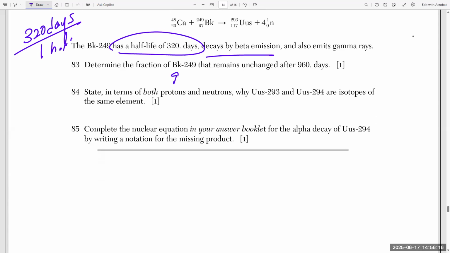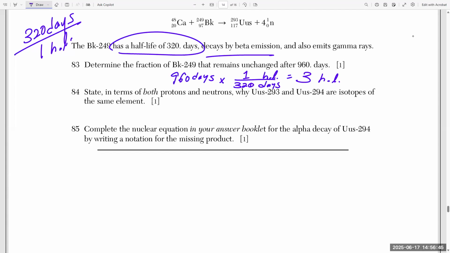It's 960 days times, you want to get rid of days, and we'll figure out how many half-lives. It says it's 320 days for one half-life. Most of the time in FRQs, it's going to be a whole number. And in this case, it's 96 over 32, which is 3 half-lives.